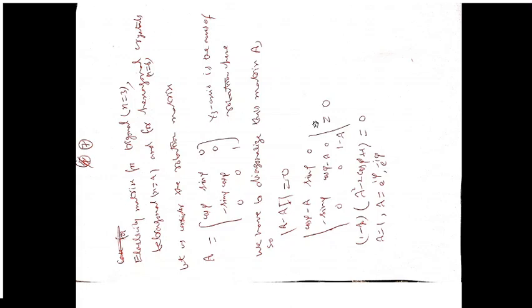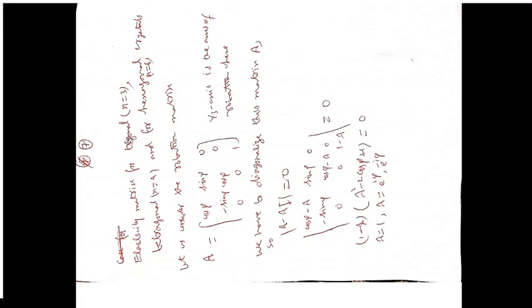What does this mean? If you remember, we have the n-fold axis of symmetry, which is denoted by A subscript n. The n-fold axis of symmetry means that we have rotation about an axis with an angle of 2 pi by n.